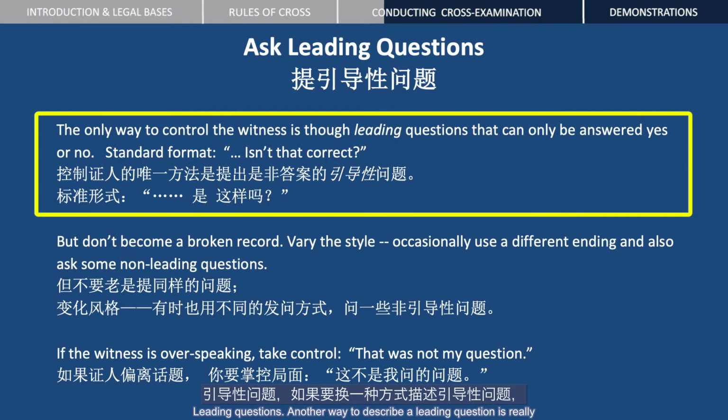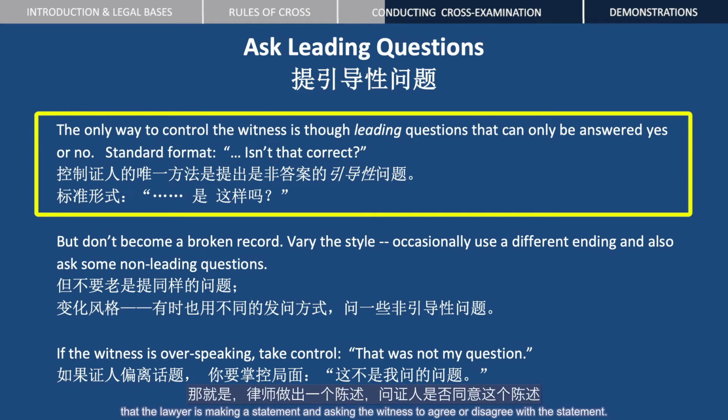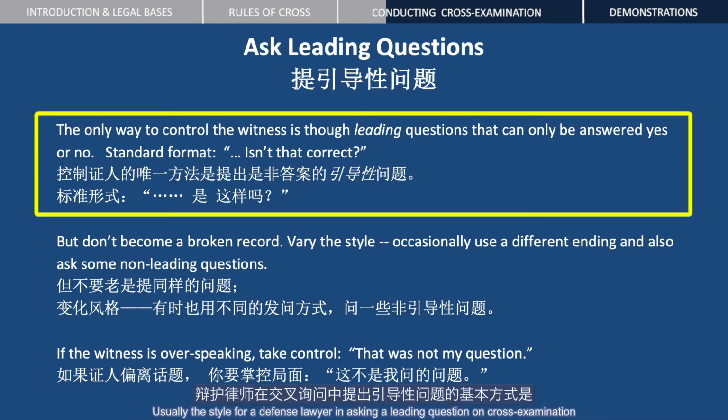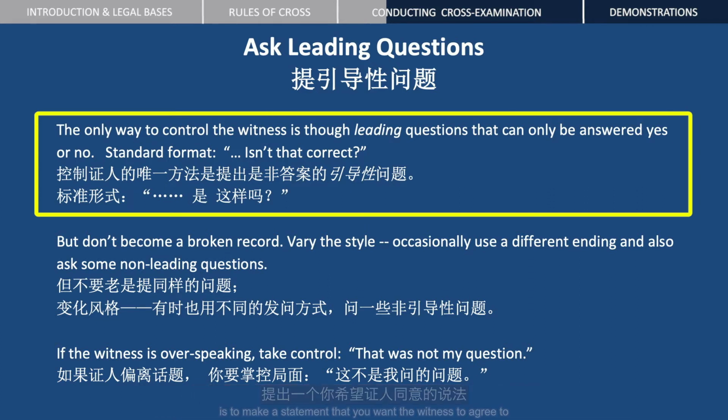Leading questions: another way to describe a leading question is really that the lawyer is making a statement and asking the witness to agree or disagree with the statement. Usually, the style for a defense lawyer in asking a leading question on cross-examination is to make a statement that you want the witness to agree to.